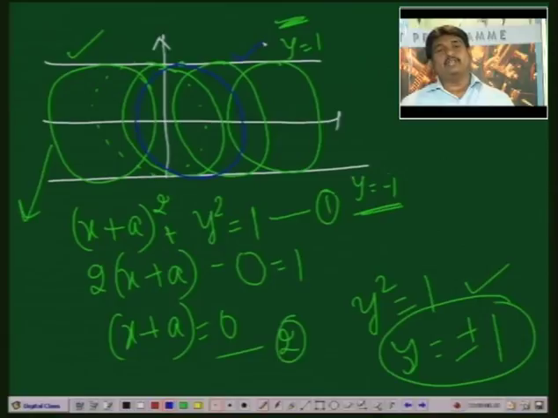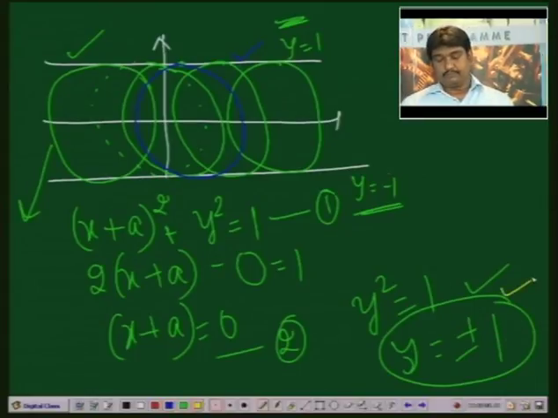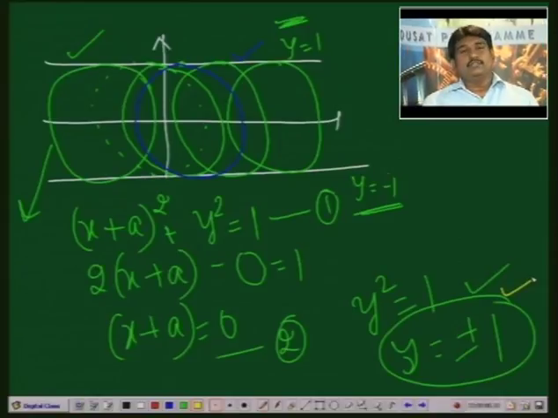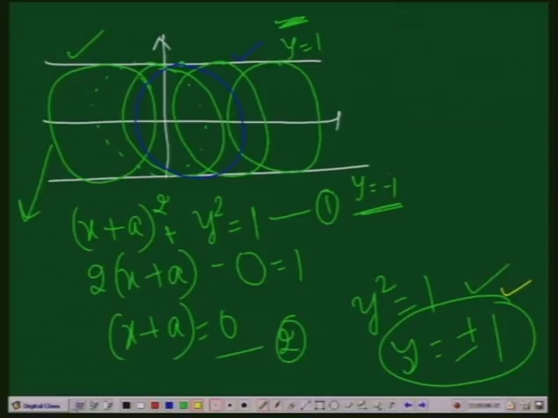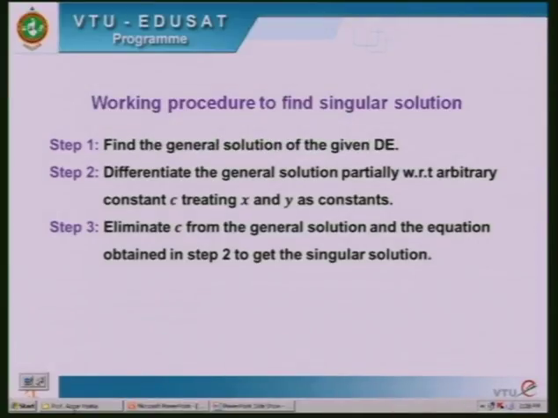Envelope is defined as a curve which touches every member of the given family, and also every point on that curve is a point of intersection with some member of the given family. So this singular solution y equals to plus or minus 1 is an envelope of the family of curves, which is obtained by differentiating the general solution with respect to the arbitrary constant. There is one arbitrary constant here because the order is 1. I will illustrate through examples now.